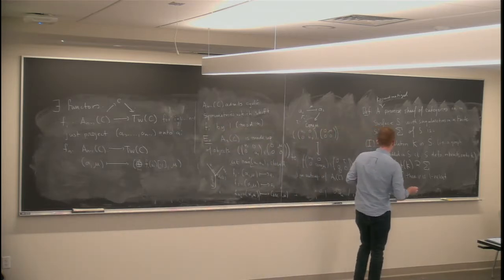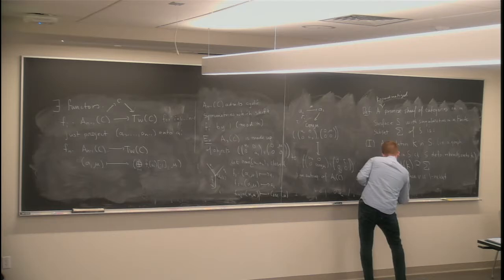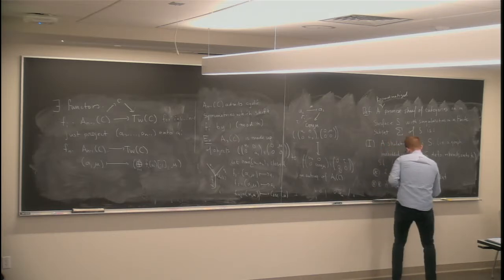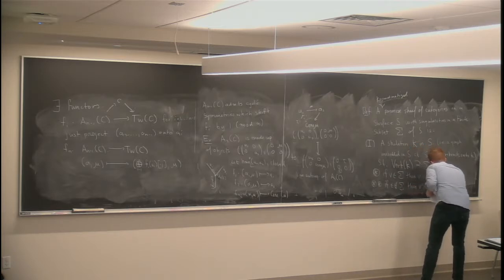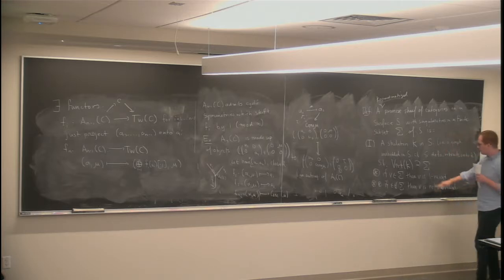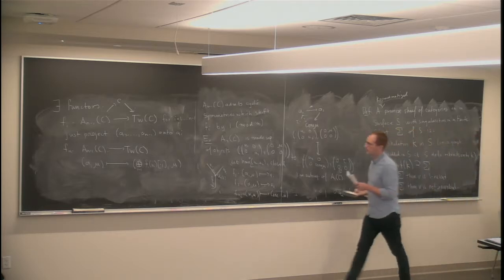To be careful, I'll put a second star here: if B is not in sigma, then B is not univalent. These are two conditions that could probably be removed, but I'm just being kind of lazy.